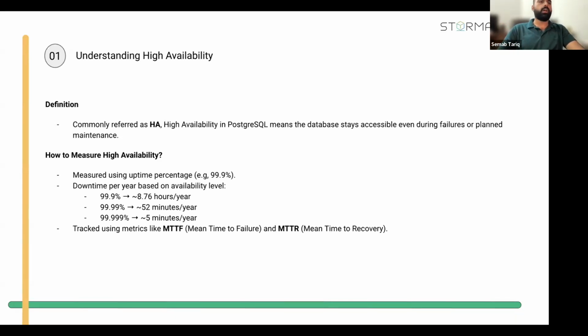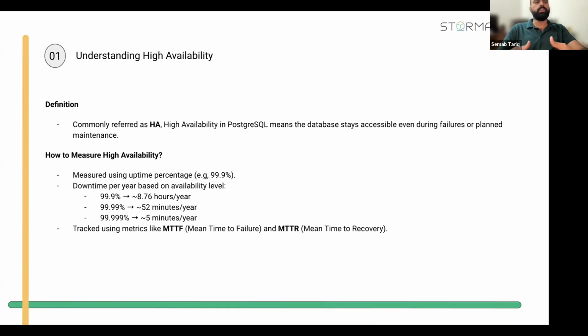Your application or database should be accessible to all the customers in all these sorts of scenarios. And once you build an application that is accessible throughout the year 24/7, then you can say this is a highly available cluster or solution for your needs.